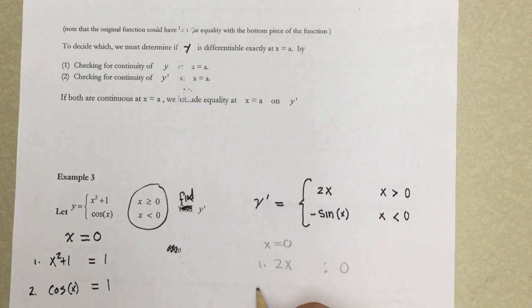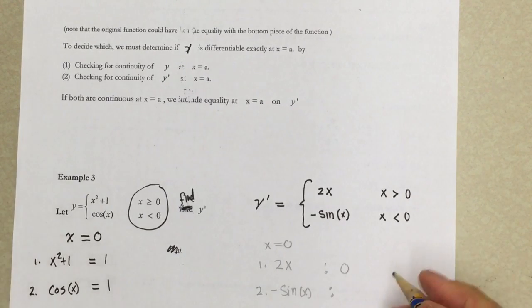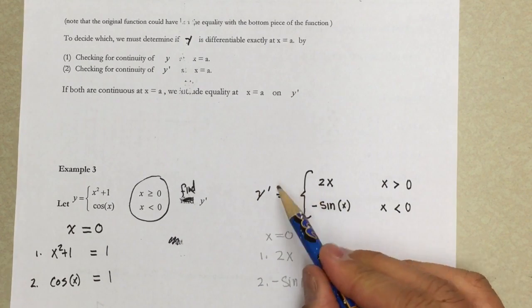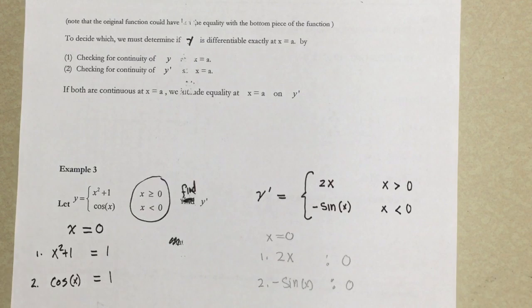For the second function, which is negative sine of x, when I plug 0 in for sine of x, I also get 0. So at the boundary point, the original function is continuous, and so is my new derivative function. It is also continuous at the boundary point because it equals the same value.